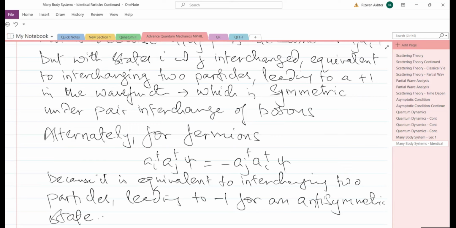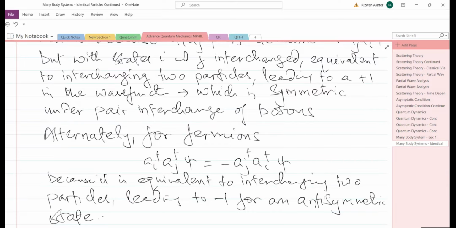We should also emphasize that A_i dagger creates a particle in a state having correct symmetry, symmetric for bosons or antisymmetric for fermions. This is important to remember.